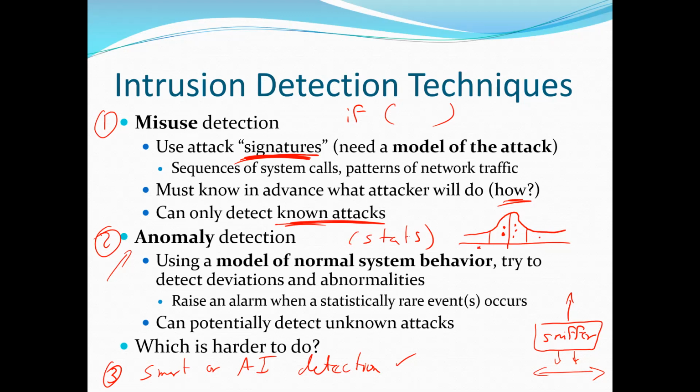You basically use a model of normal system behavior, like the Gaussian function or the normal distribution, and then you try to detect deviations or abnormalities from that. If you find something, you raise an alarm when a statistically rare event occurs. There's a pretty standard framework based on regular statistics.